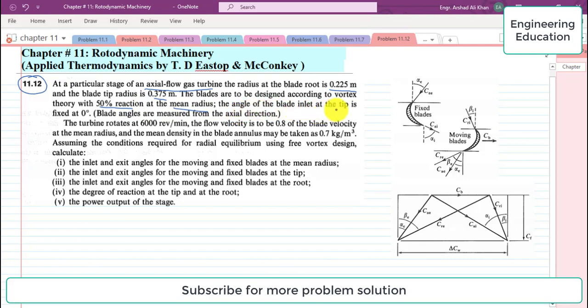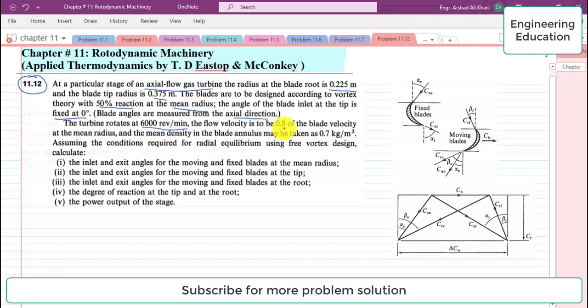The angle of the blade inlet at the tip is fixed, and that is 0 degree. Blade angles are measured from the axial direction. The turbine rotates at 6000 revolutions per minute.